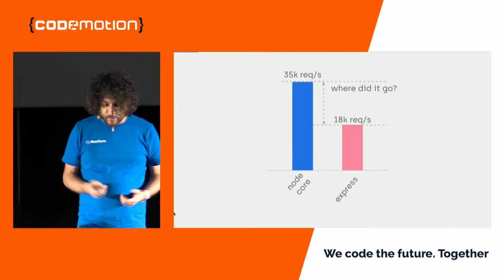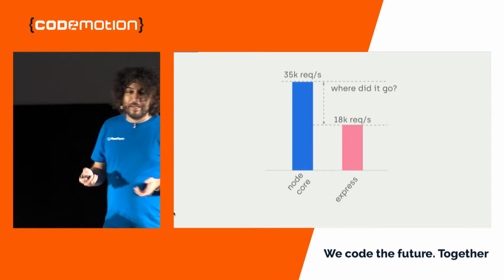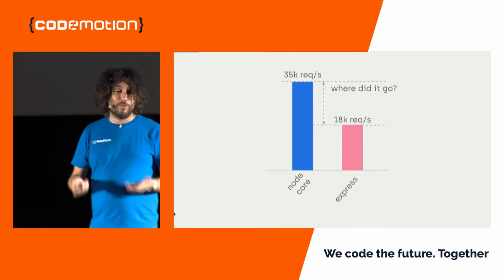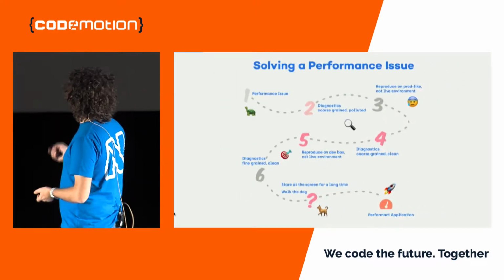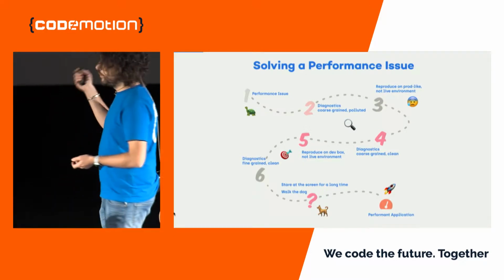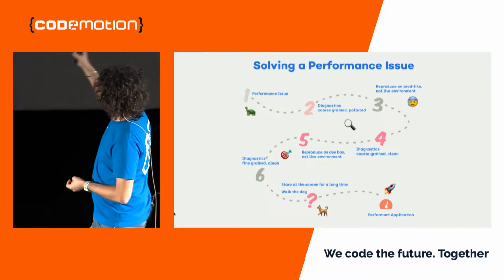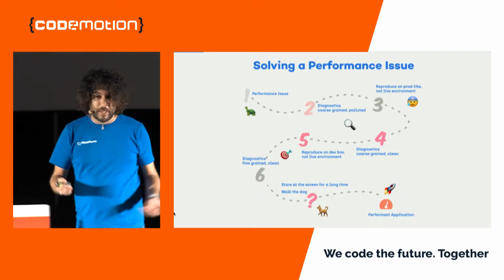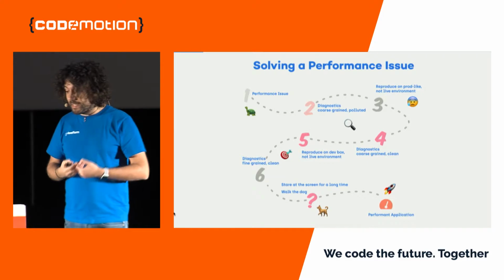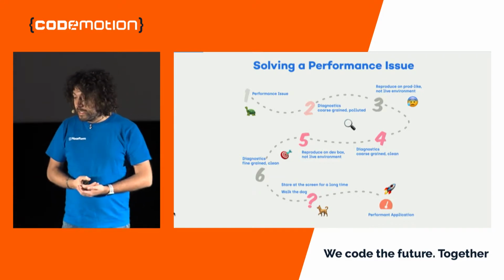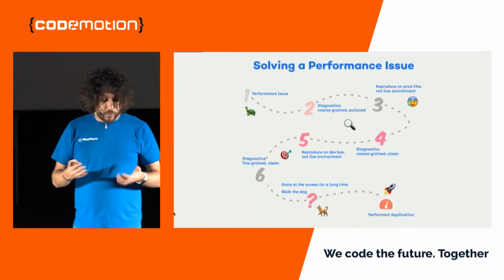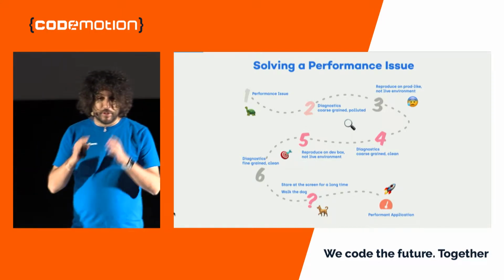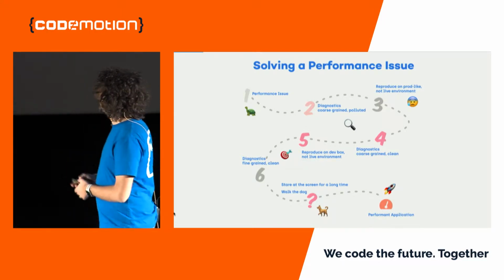Now, this was back in 2016, and back then there weren't many tools to do this. When you want to debug a performance problem, you might follow this type of path. First of all, you have a performance issue in production, you set up some diagnostics to know what's going on, and fast forward, you reproduce it on your laptop and create a minimal test case.